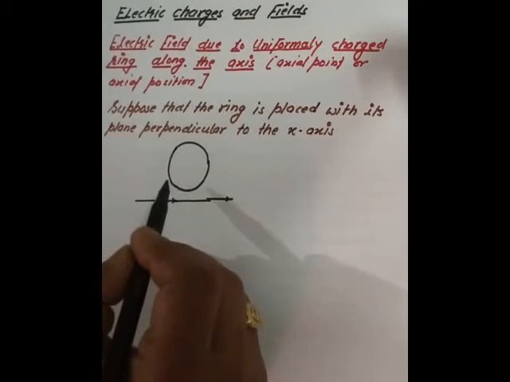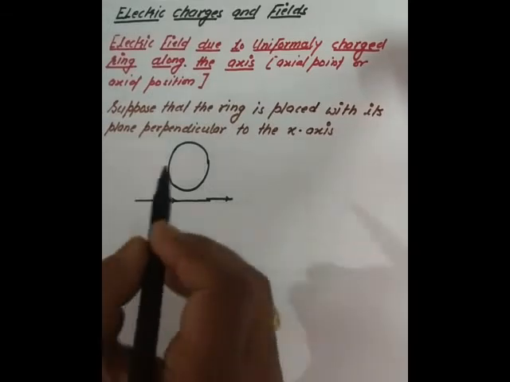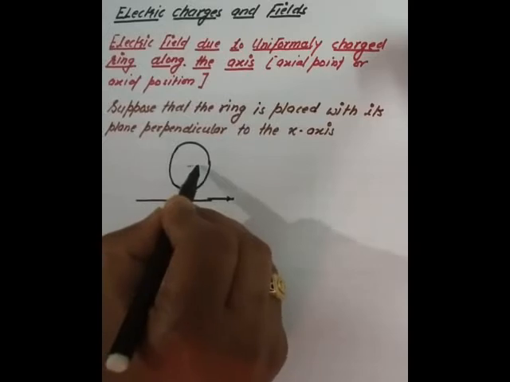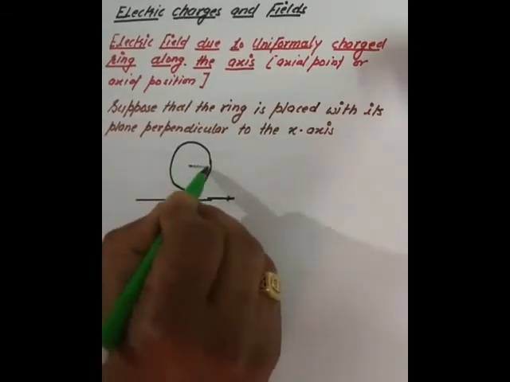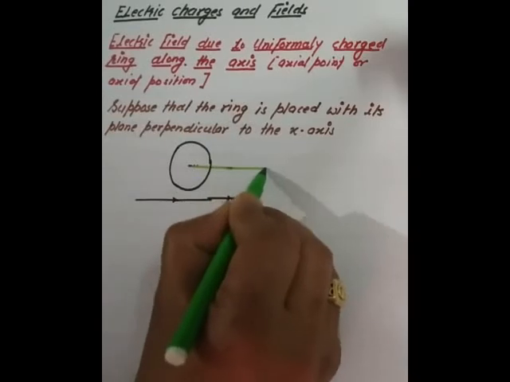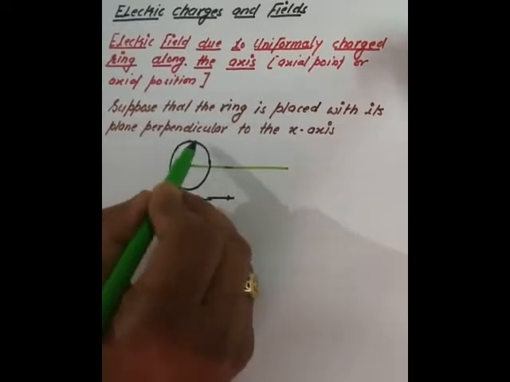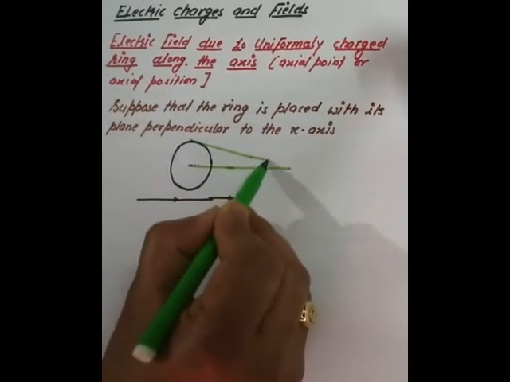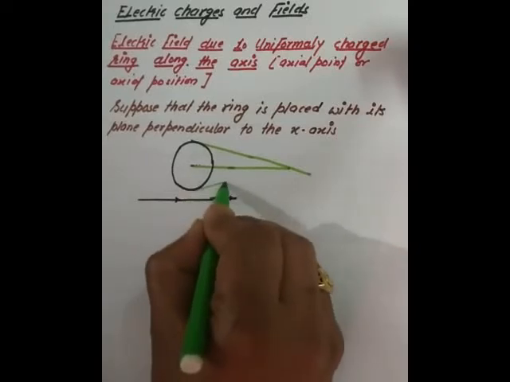Suppose there is a uniform electric field. In that case, we can take a small element here and one vertically opposite.